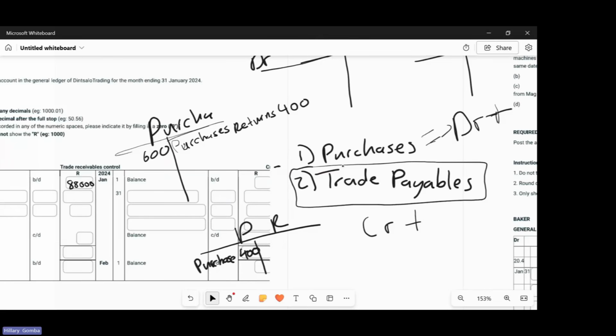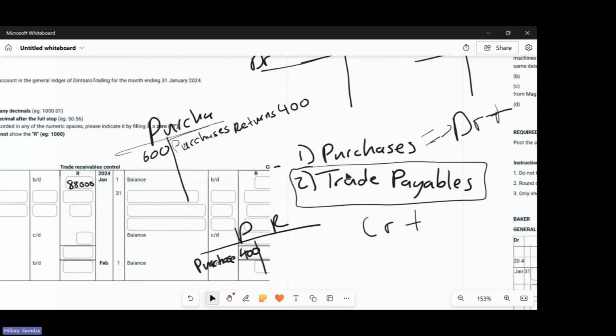Does this make sense? Yes, it does. So remember, when dealing with accounting, what you do on the left, you do on the right. Each transaction that is a debit balance has another account affecting it, because it's a double entry, which means whatever has to happen on the left also has to happen on the right.